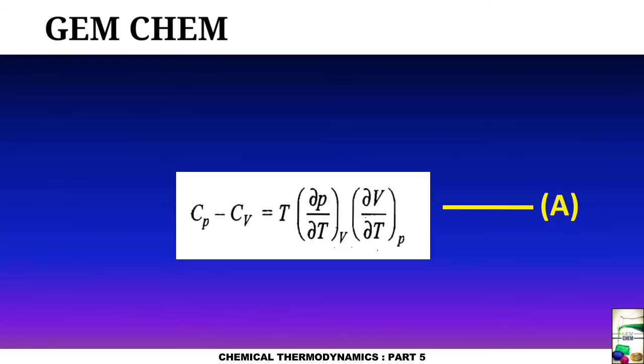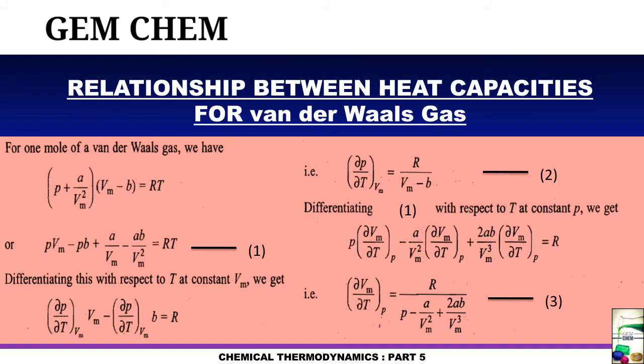Now let us see. So this is the equation and we name it equation A. Now for 1 mole of van der Waals gas, we can write the equation as P plus a by Vm squared, where Vm is the molar volume, multiplied by Vm minus b equals RT. Now we just rearrange it by multiplying each term with each term and get equation 1.